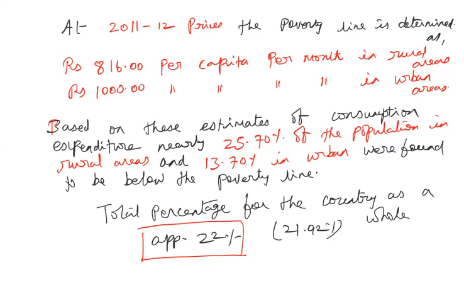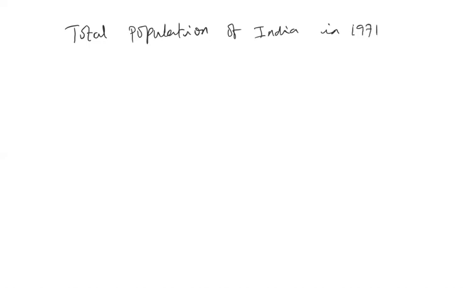But then let me put it out. See, it is only in the form of percentages. When you calculate in terms of absolute numbers, we are not finding that much decrease in the levels of poverty. For example, let us check it out in absolute numbers. What was the total population in India in 1973-74? Remember, the total population of India in 1971 was 548 million.